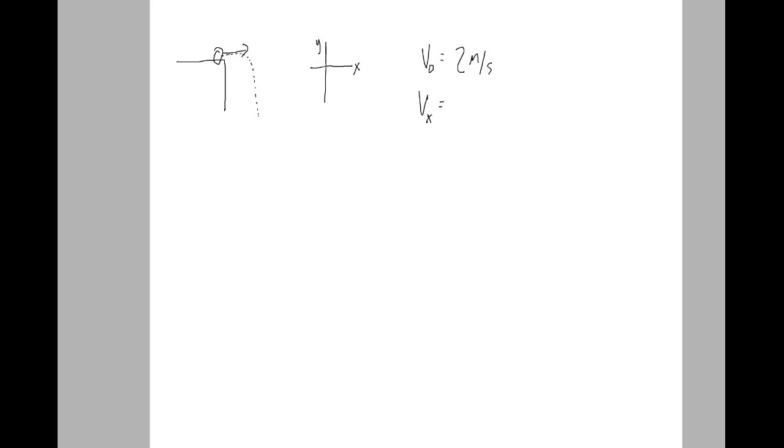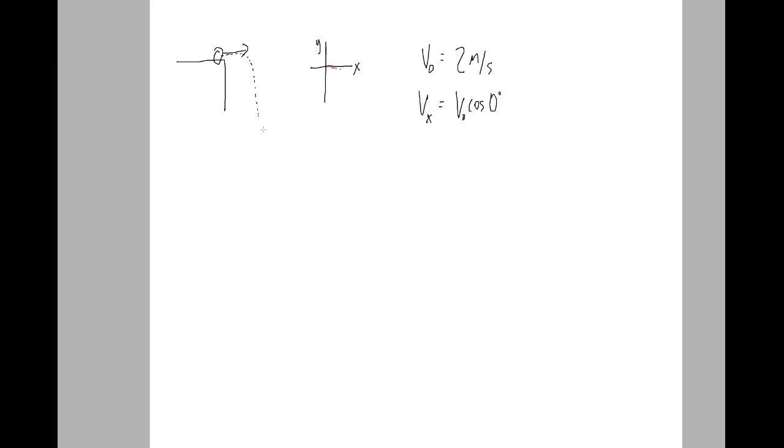In this case, our component is only in the x direction. If you imagine your angle is 0 degrees, to get the x component you would do v naught cosine of 0 degrees, which is just v naught, or your v initial.